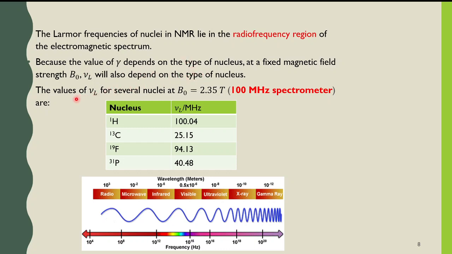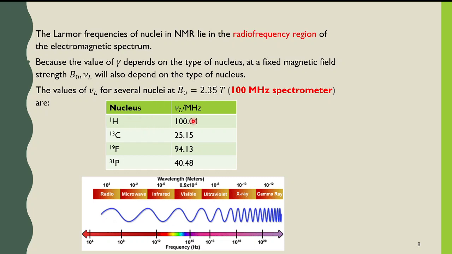If you look at, for example, the Larmor frequency for several nuclei, let's say at a magnetic field strength of 2.35 tesla, you have here a few nuclei.